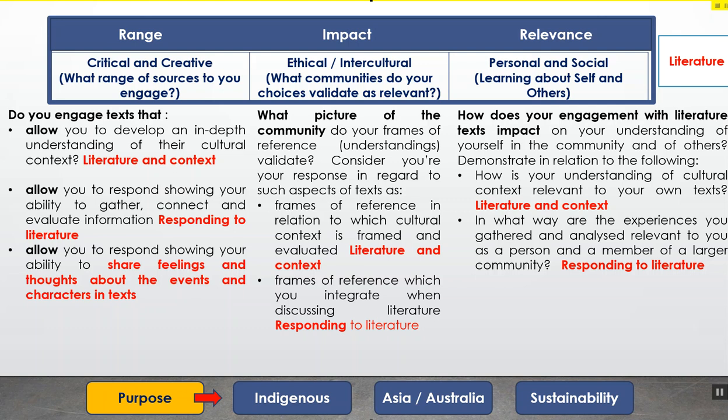So basically, the idea now is to position the text, in terms of a recipe, in relation to how is your understanding of cultural context?